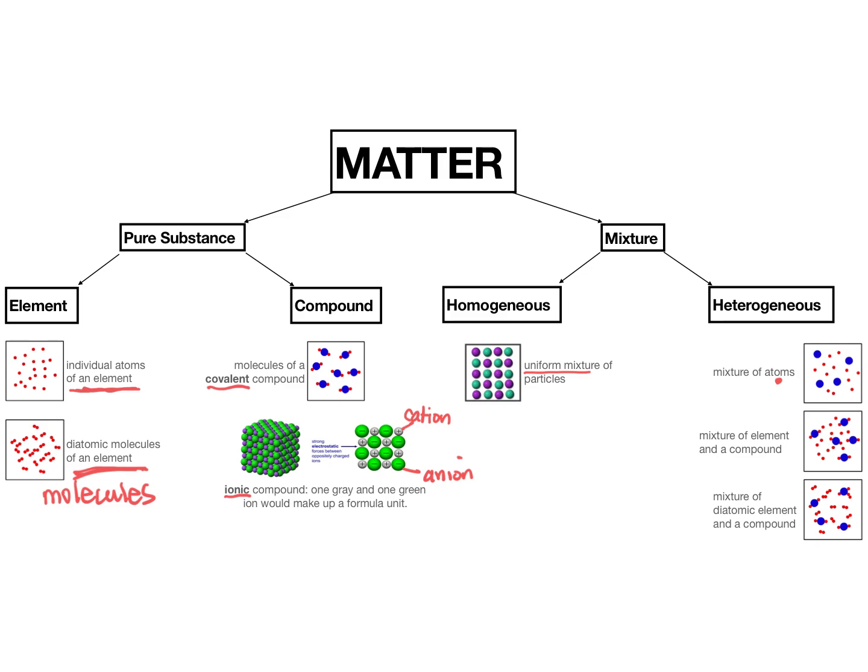And since they're two different colors, that's going to be a mixture of atoms since they're not bonded together. But here we have a mixture of an element and the compound, which is this particle there. And then here in this last one, we have a mixture of a diatomic element and a compound. So those are just different ways, and we will want to be able to represent and identify different pictures and what they are.